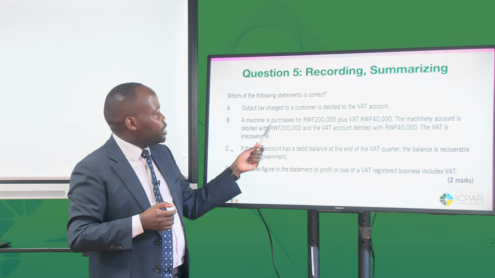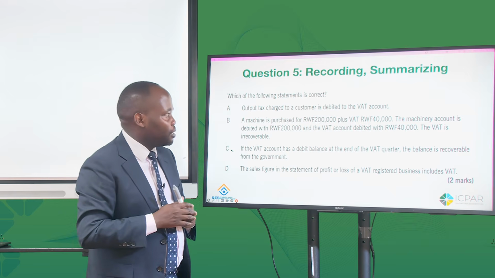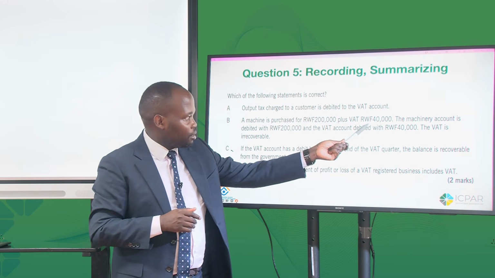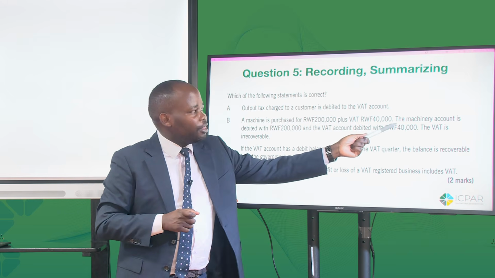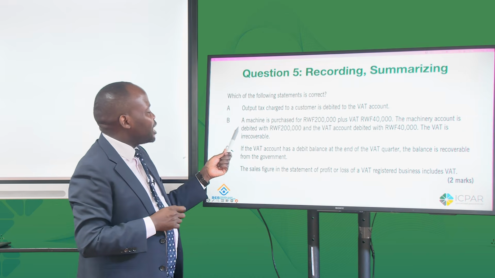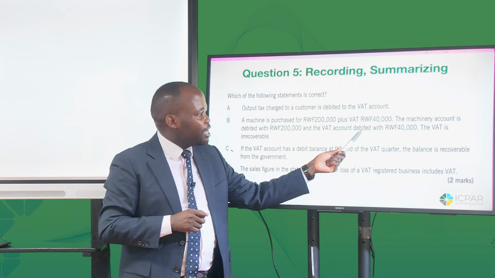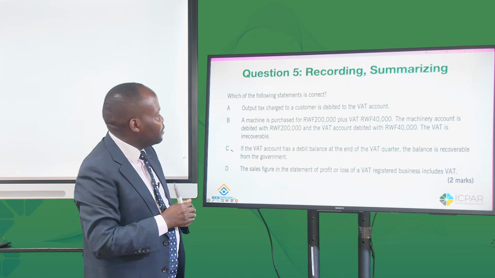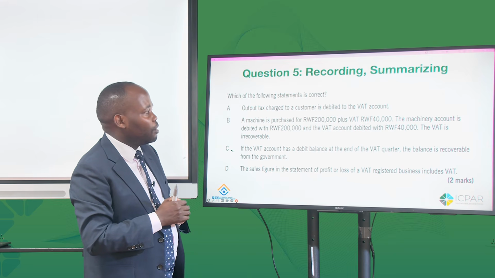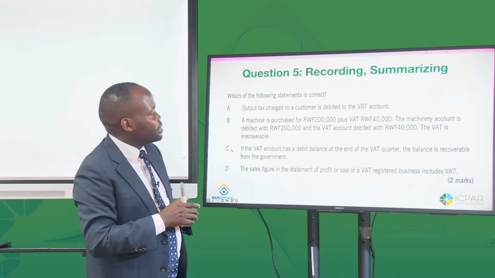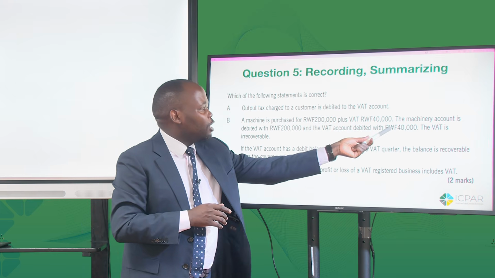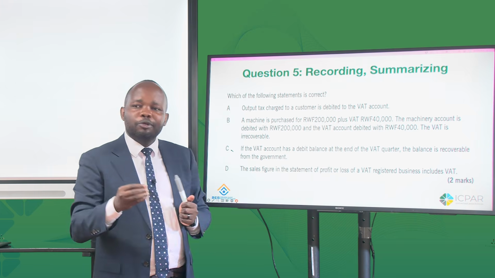B, a machine is purchased for 200,000 plus VAT of 40,000. The machine account is debited with 200,000 and the VAT account is debited with 40,000. The VAT is irrecoverable.